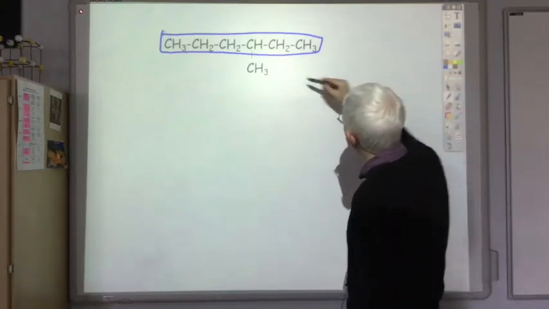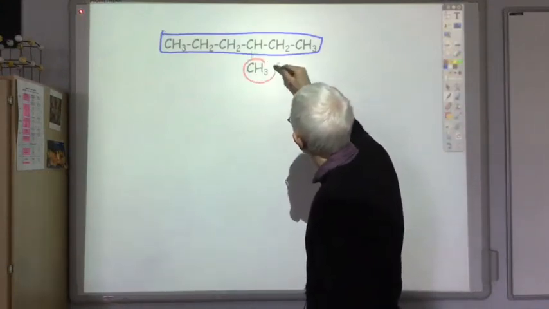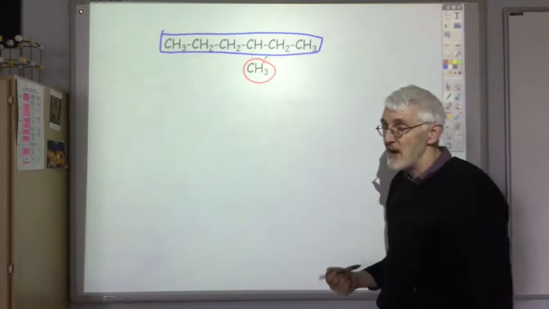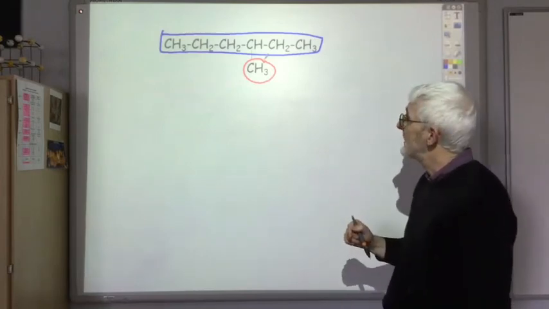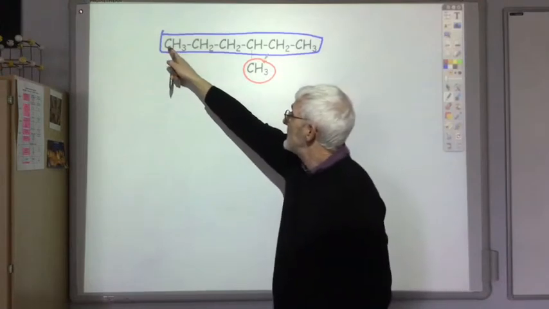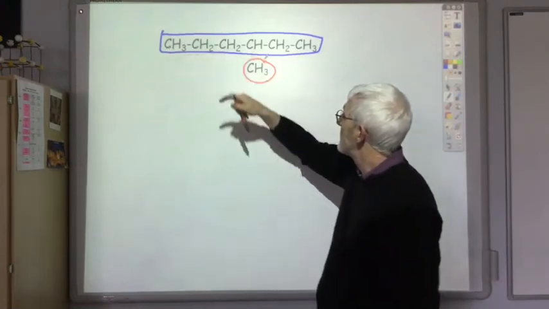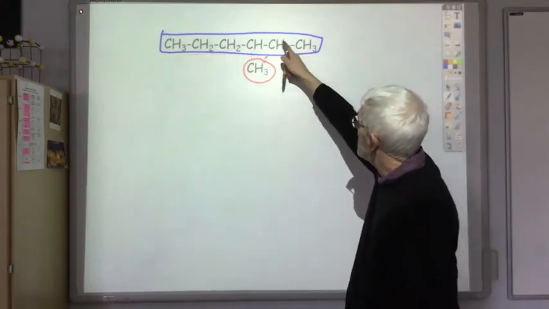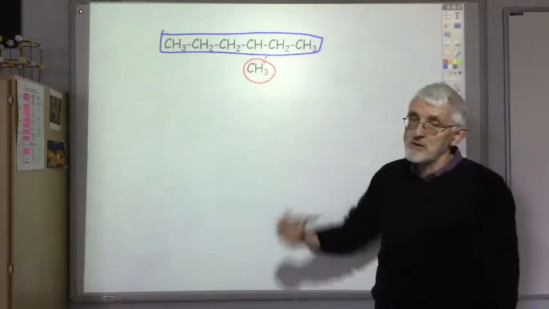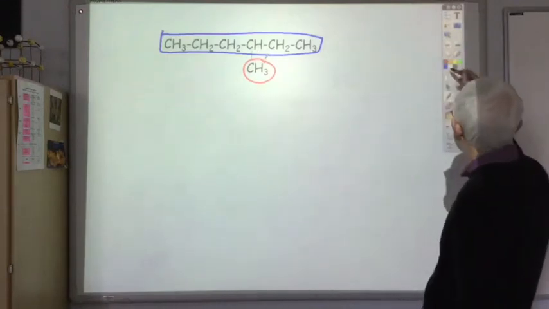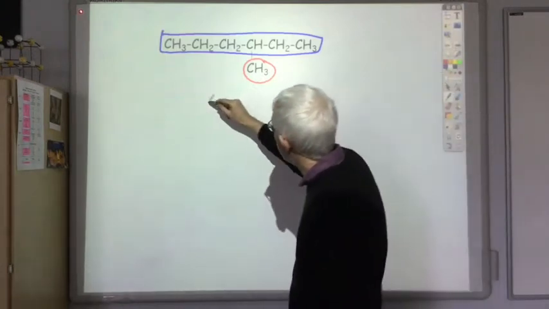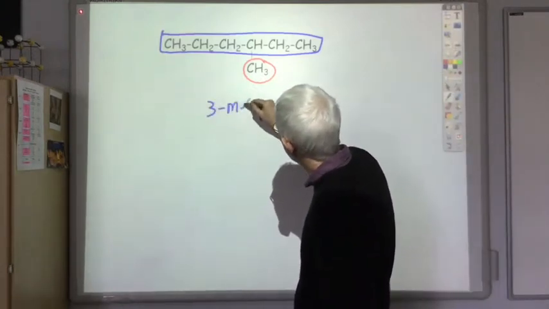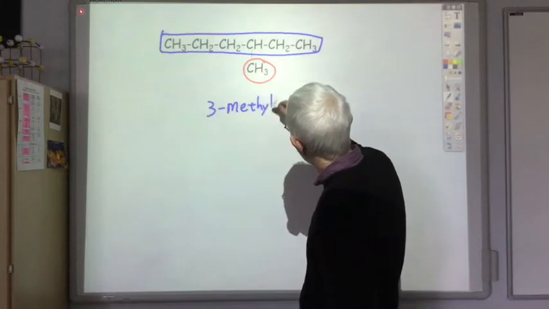Then we've got a branch, which is just a 1 carbon branch, which we say is methyl. Then we have to say where the methyl group is. If we number from this side, we get 1, 2, 3, 4. If we number from this side, we get 1, 2, 3. So we'll always number from the side which gives us the smallest number for the branch. So this would be 3 methyl hexane.